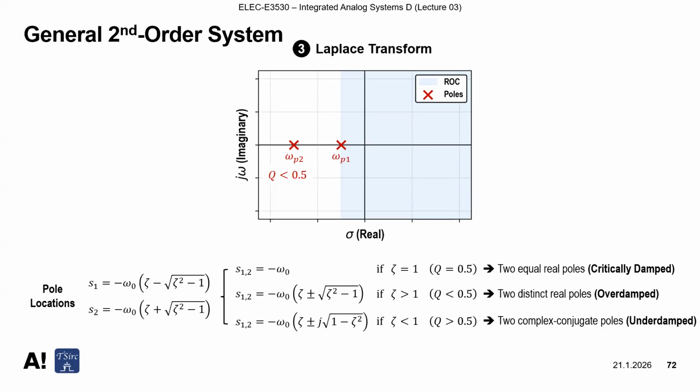And for Q factor less than 0.5, which means zeta is larger than 1, then we have two distinct real poles here. There is no imaginary term. Only real values are defined for the pole locations. Then we have omega p1, omega p2.